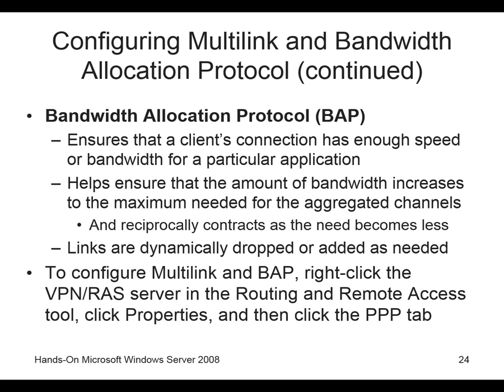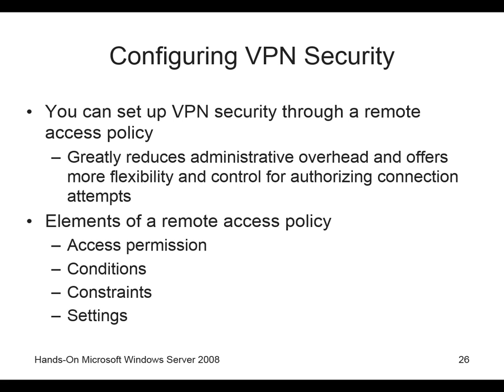If you're on a 56K dial-up, it's going to take you X amount of time. If you're on a T1 line, it's going to take you 30 seconds. Okay, that's what multilink is. It gives you the ability to configure it so that people that are on 56K dial-ups can get the same as those that are on T1s or fast Ethernet.